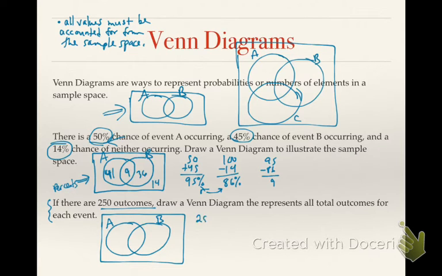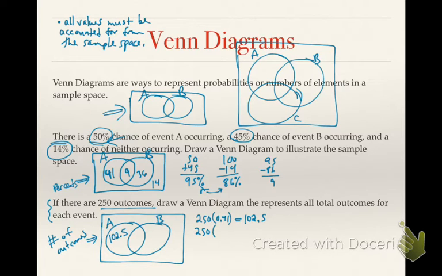So if I take 250 times 41%, notice I have to convert it to the decimal, I'll get 102.5. So the equivalent part in this Venn diagram talking about the number of outcomes is 102.5.